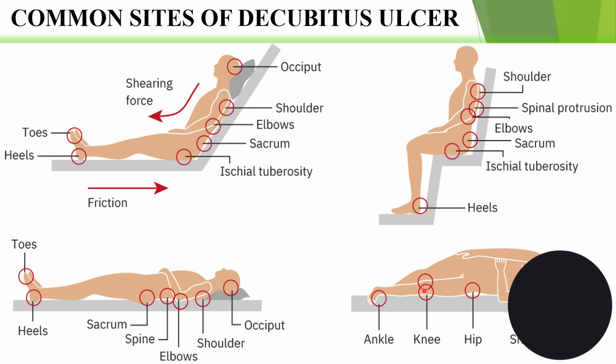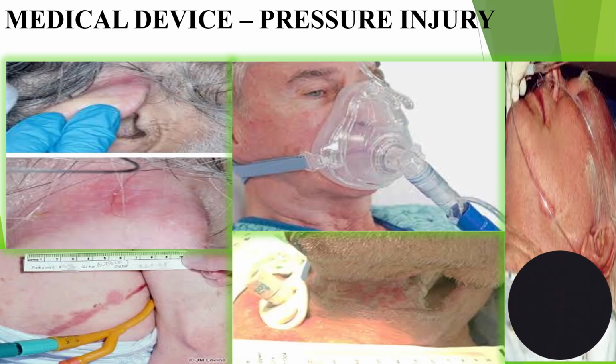If the person is in a lateral position, you can see shoulder, hip, knee and ankle. If it is a supine position, the possible sites of decubitus ulcer are occiput, shoulder, elbows, spine, sacrum, heel and toes.